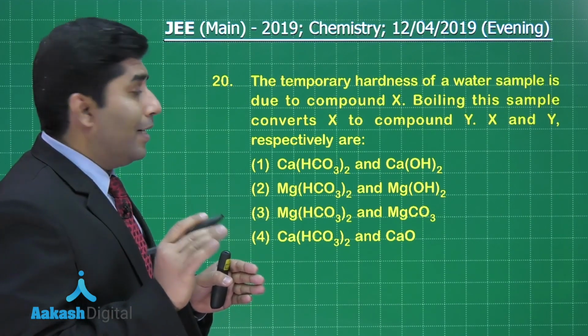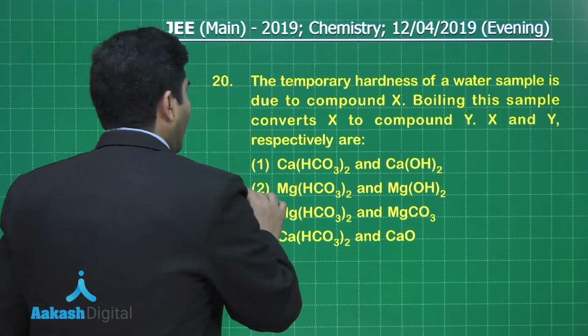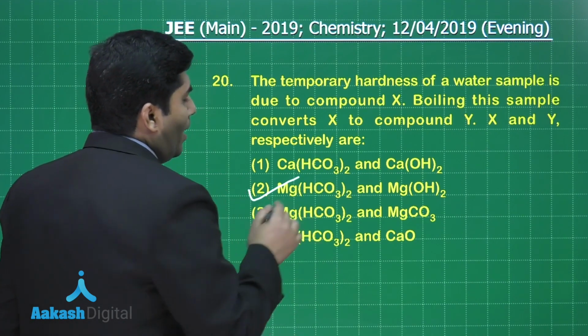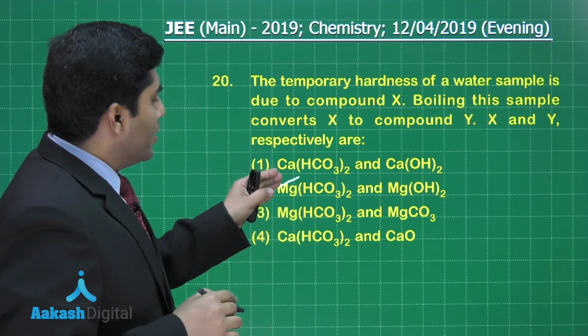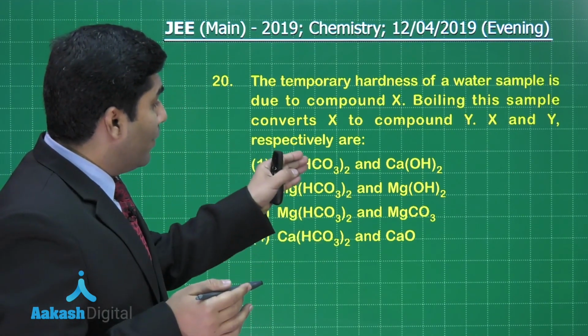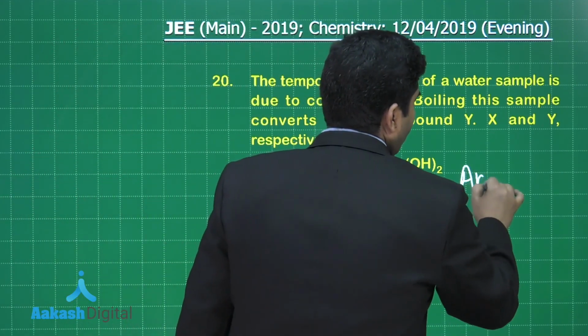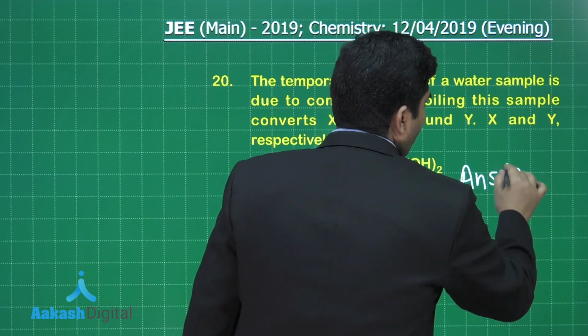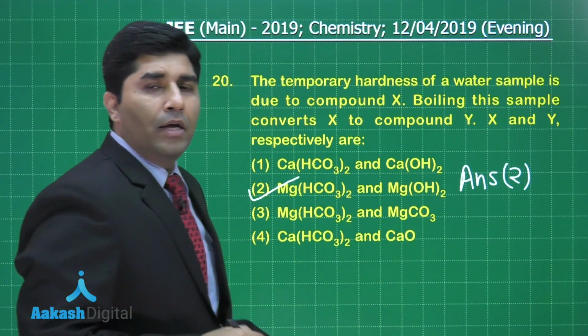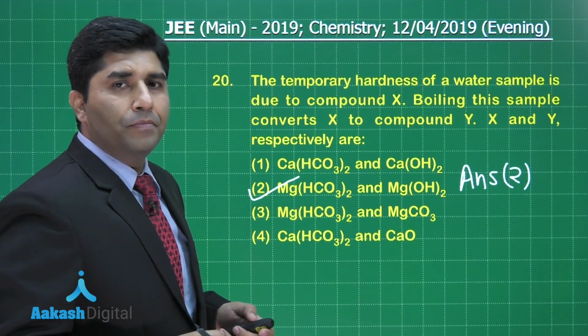Now it's given in NCERT that magnesium bicarbonate decomposes on boiling, and it will give us magnesium hydroxide. So the correct answer is option number 2, right? Let's move on to the next question.